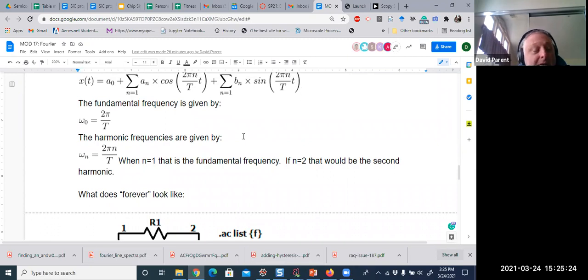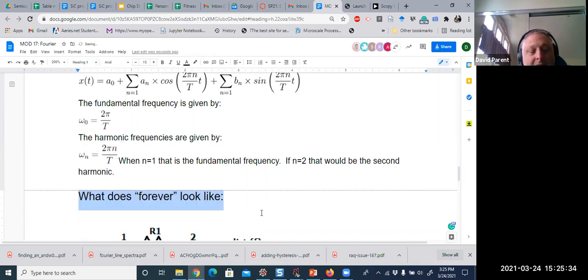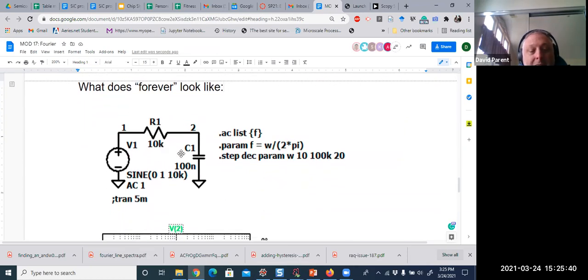This is going to be a little bit of review, but what does forever look like? We talked about forever. So here's a low pass filter.